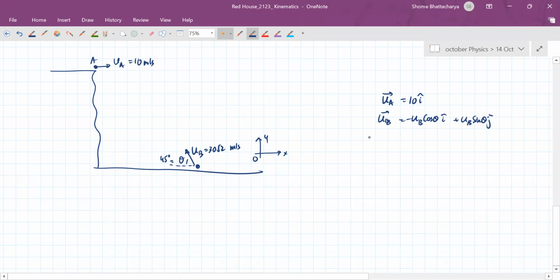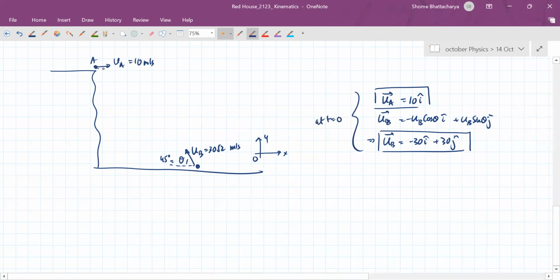This gives us the initial velocity of B as minus 30 i cap plus 30 j cap. So this is the initial velocity at t equal to 0.